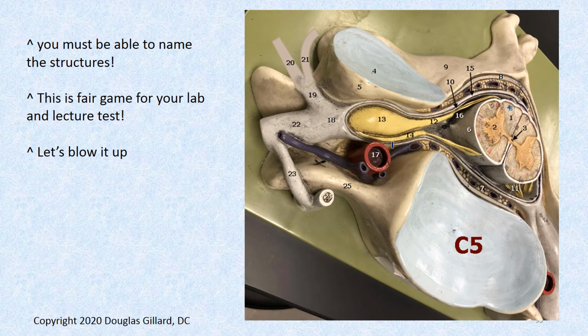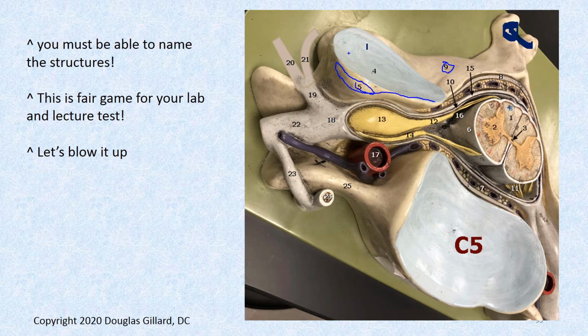Yep. So let's go through this stuff. We just covered all this, but let's start with this back here. Actually, let me get my little drawing tools out. So number 9, this bone right here, that's the lamina. Let's do 5 first. That's this process of bone, the superior articular process.